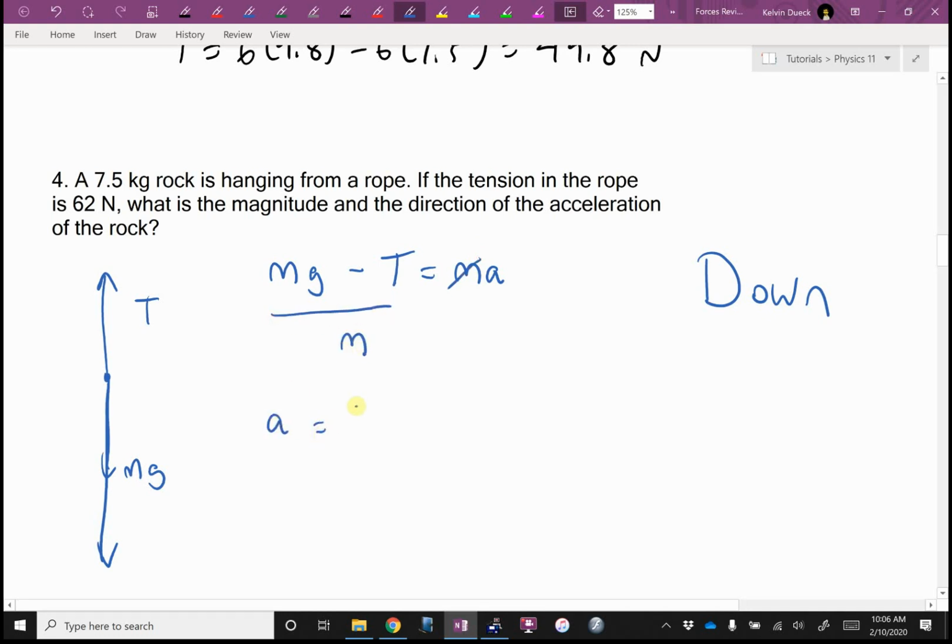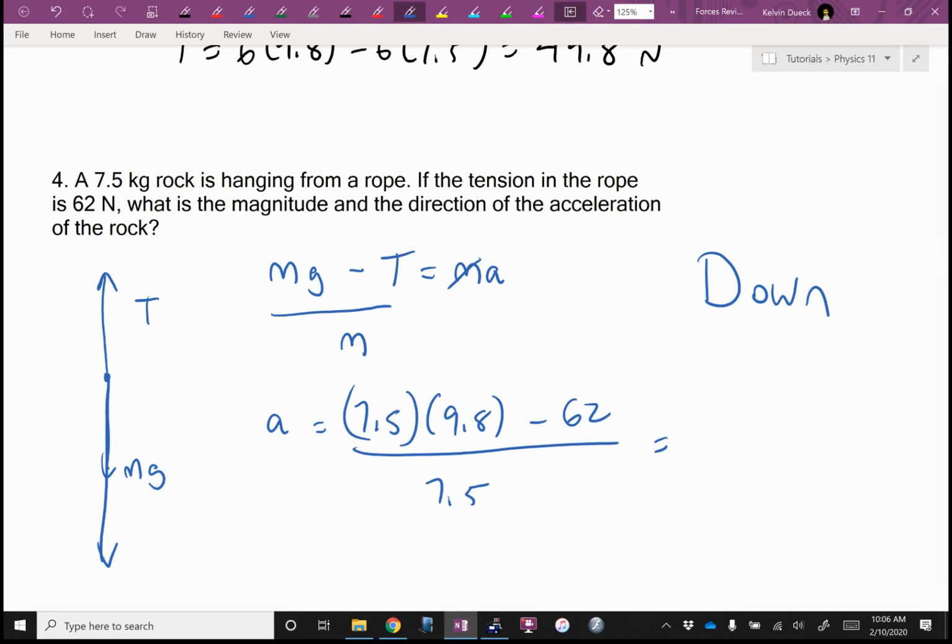So a is going to be 7.5 times 9.8 minus 62. Do I need to multiply that 62 by 9.8? No, it's in newtons. Divided by 7.5, which is, I have no idea. 1.53 meters per second squared.